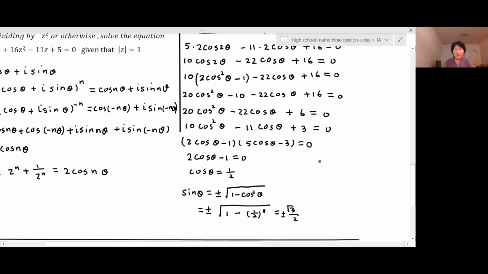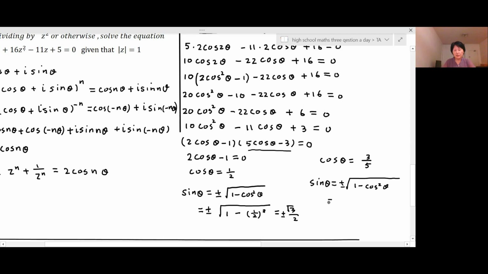Okay, if I make this other bracket equal to 0, so cosine theta will be equal to 3 on 5. Cosine theta equal to 3 on 5. So sine theta will be equal to plus minus the square root of 1 minus cosine squared theta.